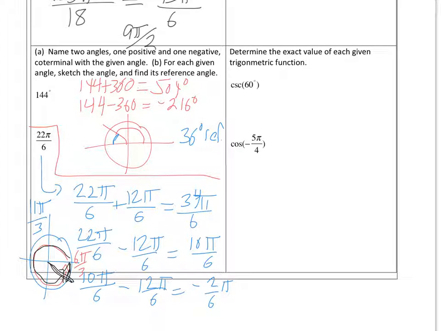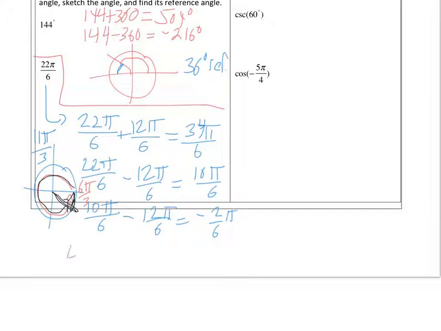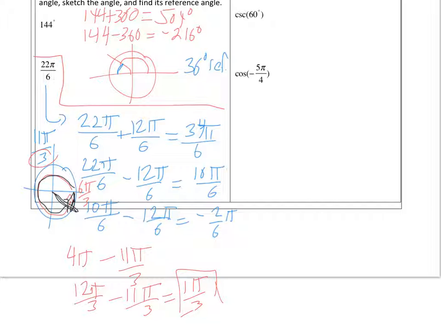So if we're looking at not quite 4 pi minus 11 pi over 3, that's going to be 12 pi over 3 minus 11 pi over 3, which is 1 pi over 3. I'd like you to notice that this fraction is the same denominator as what we started with, a fully reduced fraction.